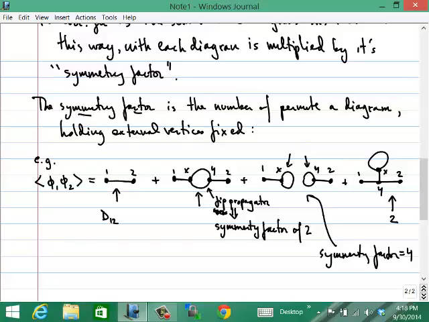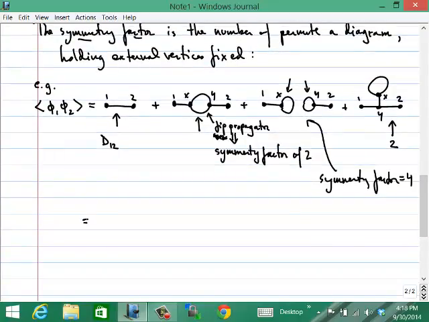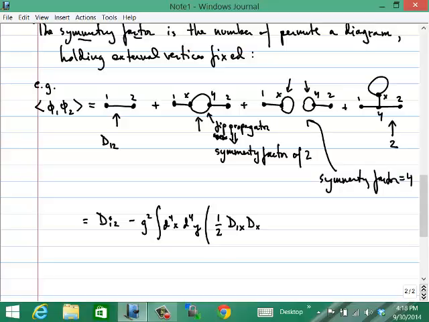Okay. So if we use these rules, then we see that this is just equal to the free propagator minus g squared times the sum of 3 terms, each of which involves an integral d4x and an integral d4y. And then this first term is 1/2 d1x dxy squared times d2y, that 1/2 coming from the symmetry factor.